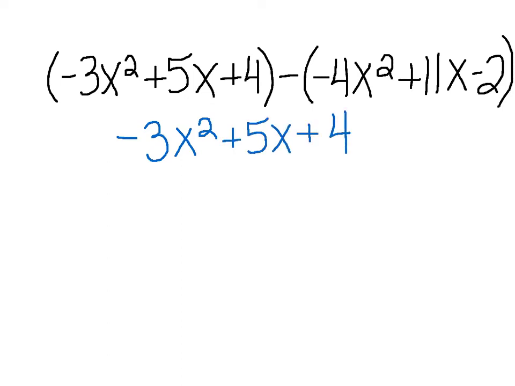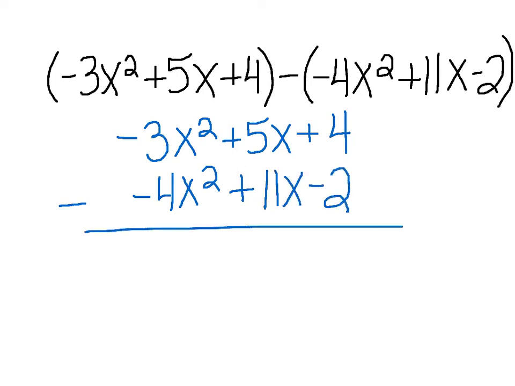Now remember, I'm subtracting, and I am subtracting negative 4x squared plus 11x minus 2. Remember, we want our like terms to line up with one another. So if this was not written in the same order as this one, you need to change the order so the like terms add up.